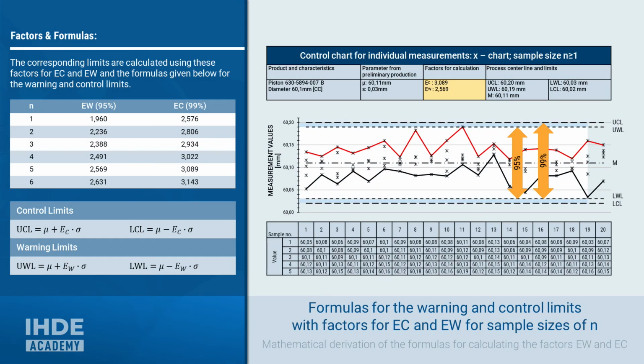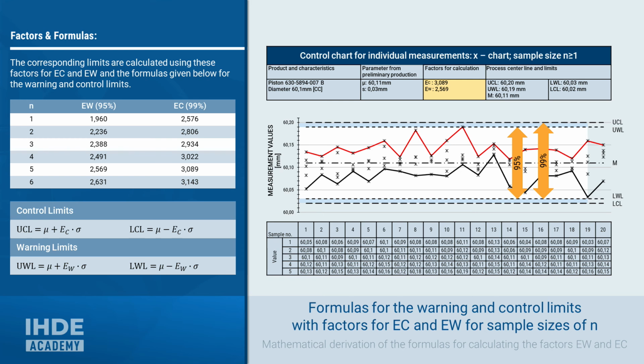Finally, here is a practical example. The corresponding limits are calculated using these factors for EC and EW and the formulas given below for the warning and control limits. This has been done here, and the warning and control limits have been drawn on the control charts shown on the right.